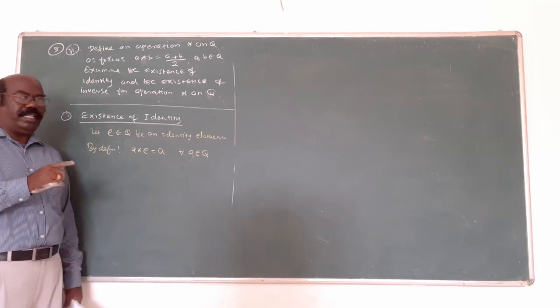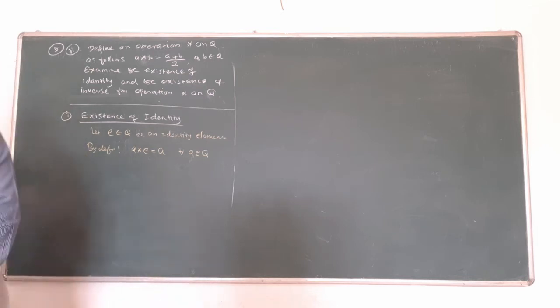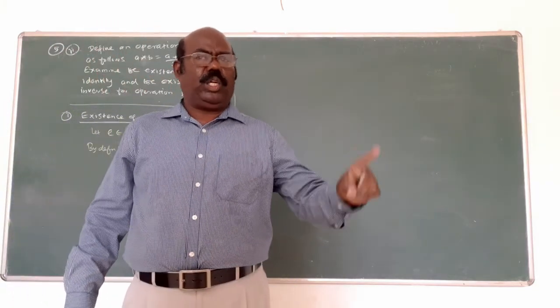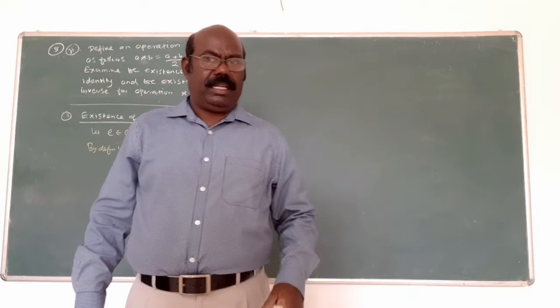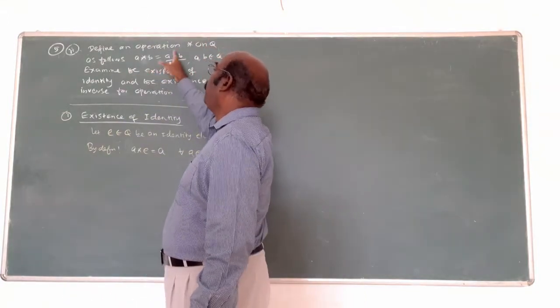You operate a with an element and you get a; then only e is the identity element. That's important. For multiplication, 1 is the identity element; for plus, 0 is the identity, which you will find directly by guessing. But here, the operation is a plus b by 2.